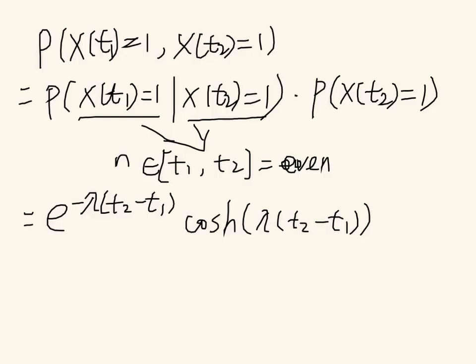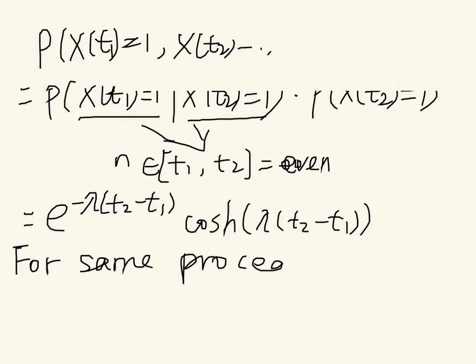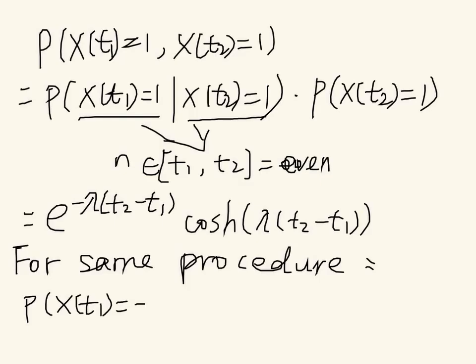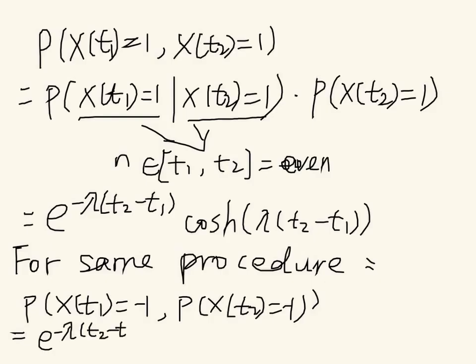For the same reason, same procedure, we have P of X(t1) equal to minus 1, X(t2) equal to minus 1 is equal to e to the minus lambda (t2 minus t1) cosh of lambda (t2 minus t1).